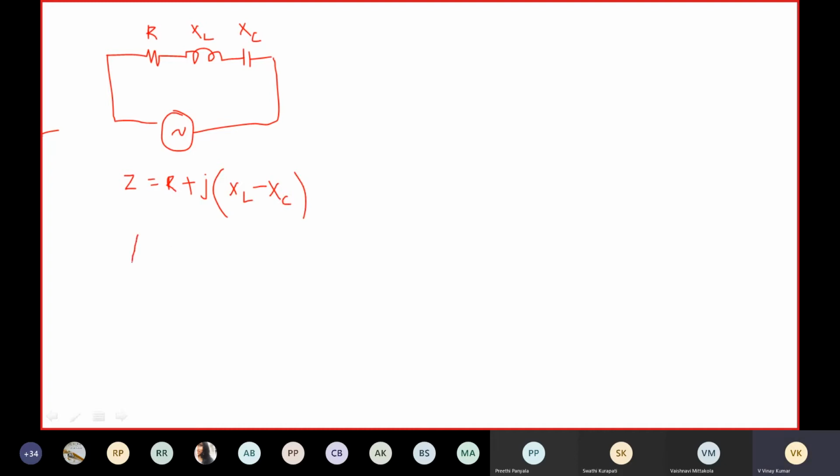At resonance, XL is equal to XC. From this condition, you can find the resonant frequency.